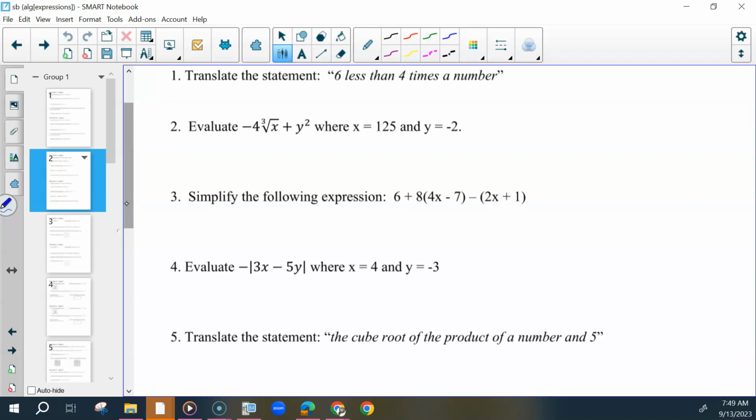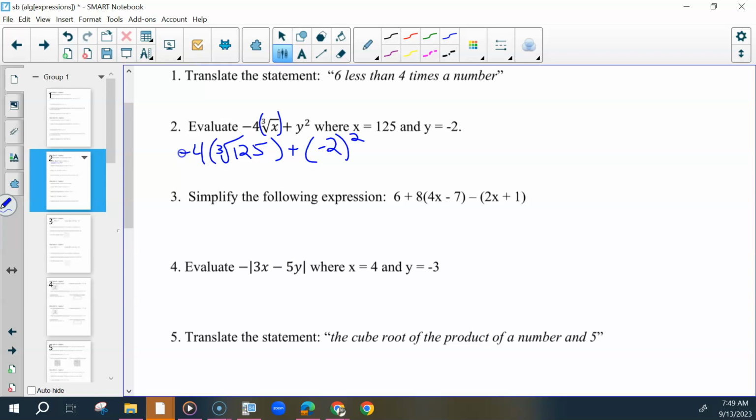Number 2, if we are evaluating, we are putting these in for x and y. This is 4 times the cube root, not -4 cubed times the square root. You don't need these parentheses, you can use them if you want. So we'd be putting in 125 and then adding -2 squared.